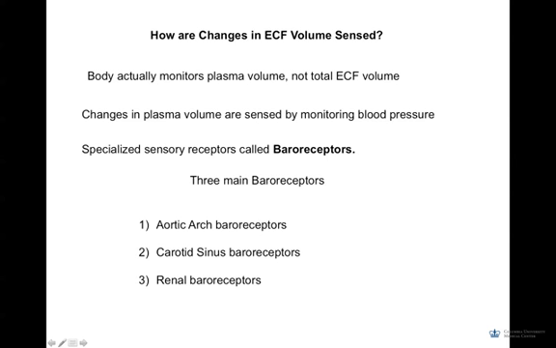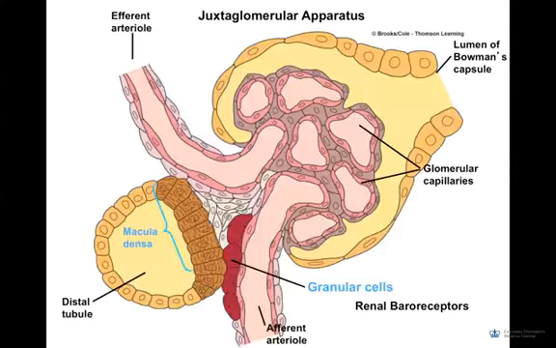Now, there's a third set of baroreceptors in our kidney, the renal baroreceptors. Unlike the aortic arch and the carotid sinus baroreceptors, these do not adapt to persistent change in blood pressure. They are responsible for monitoring blood pressure in a long-term way. So these receptors don't adapt.